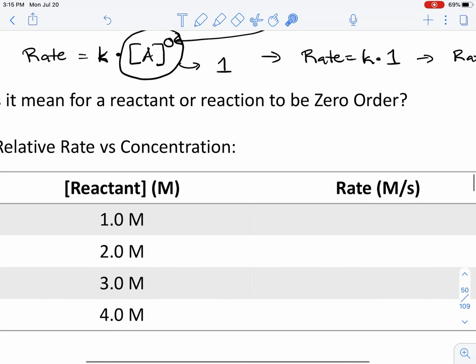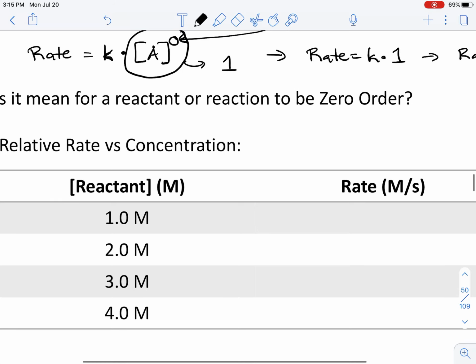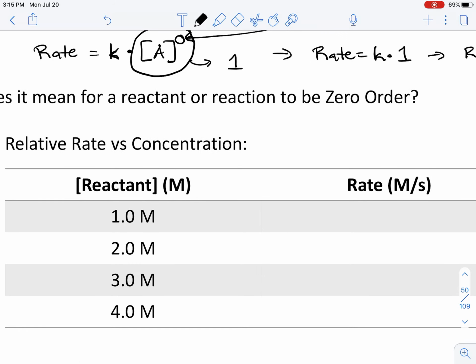Very similar to what we've done in the prior two orders of reaction, first and second, we're going to assume that the concentrations 1.0 molar, 2.0 molar, 3.0 molar, 4.0 molar represent the reactant.